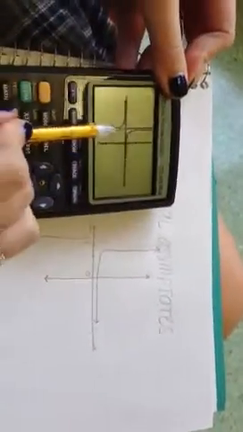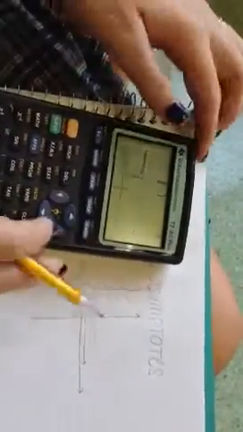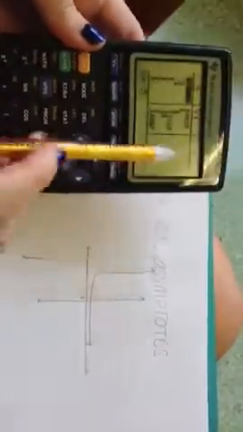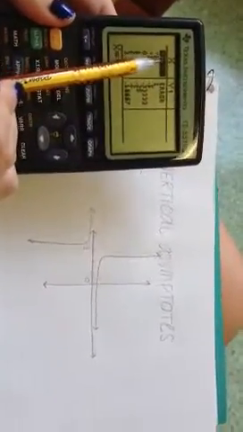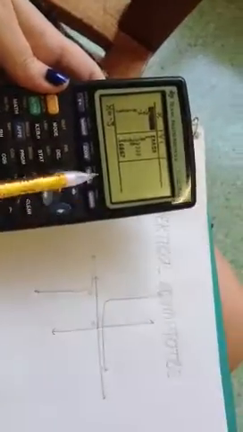And actually this calculator shows you that this is a vertical asymptote, but you can check it by going to the table, and you'll see when x is equal to -3, which is what we said the vertical asymptote is, there's an error. So that proves that the asymptote is there.